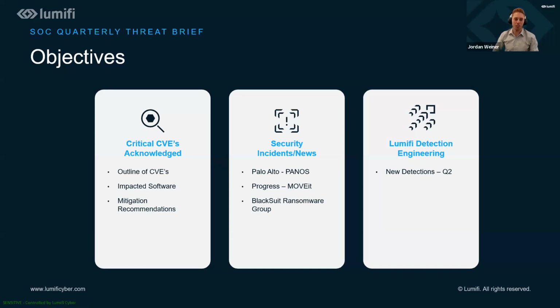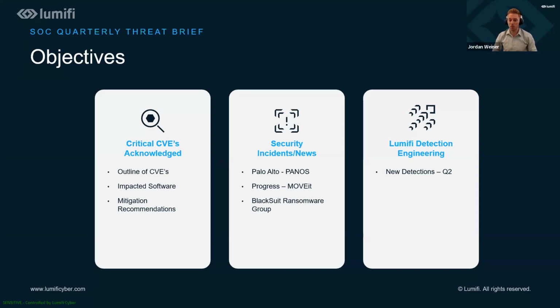All right, so some of the objectives for this webinar today. We're going to go over pretty briefly some of the critical CVEs that we identified, at a high level what the CVEs are, the software that's impacted, and mitigation recommendations, which for the most part is really going to be centered around making sure that you have updated software. Then we'll pivot to the bigger security incidents and news.